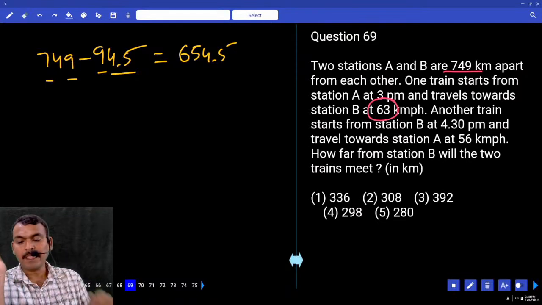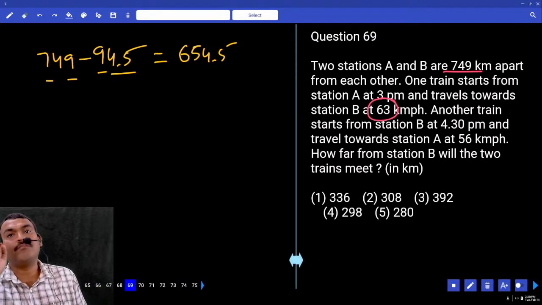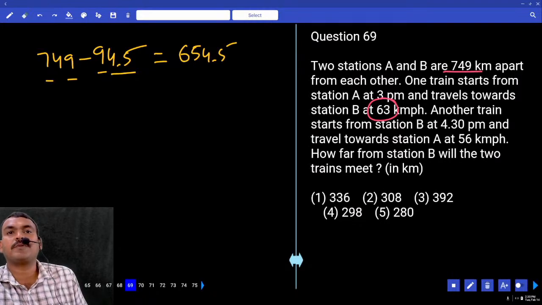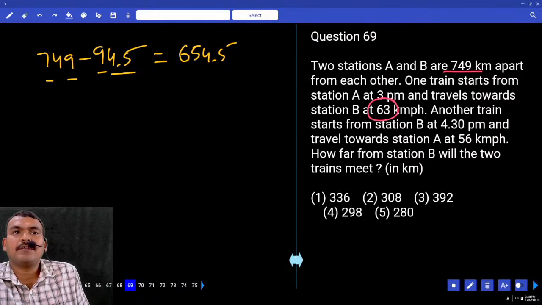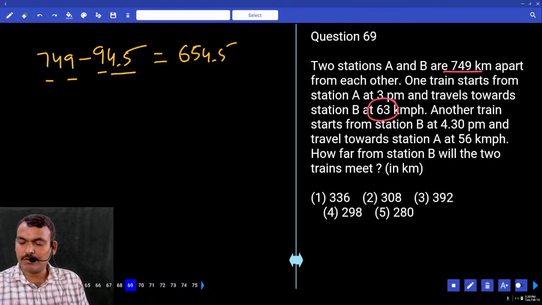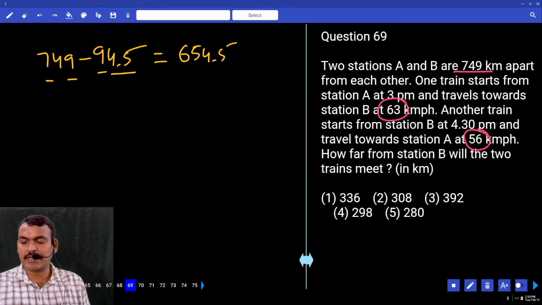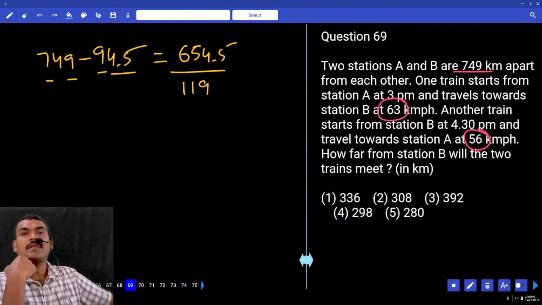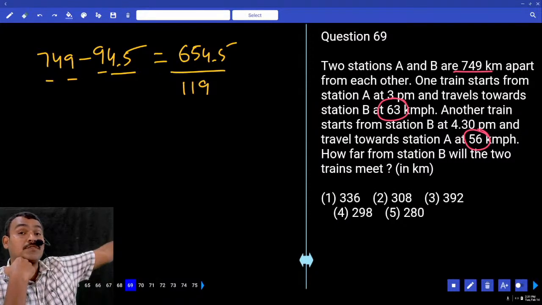Okay. The distance is travelled by both the trains after 4:30, before or after 4:30? On which direction? Opposite direction. In opposite direction, relative speed is the sum of the speeds or the difference of the speeds? Sum of the speeds. One is 63, another one 56. What is the sum of the speeds? 119.